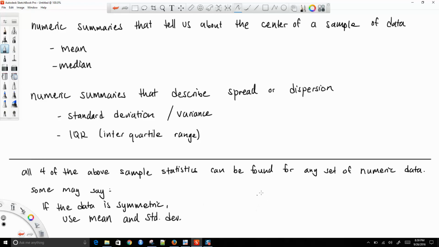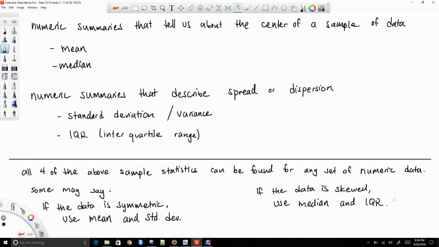And if the data is skewed, use median and IQR. But again, you can calculate the median and IQR if the data is symmetric. You can calculate the mean and the standard deviation even if the data is skewed. But in certain situations, we may prefer one set of numeric summaries over another.